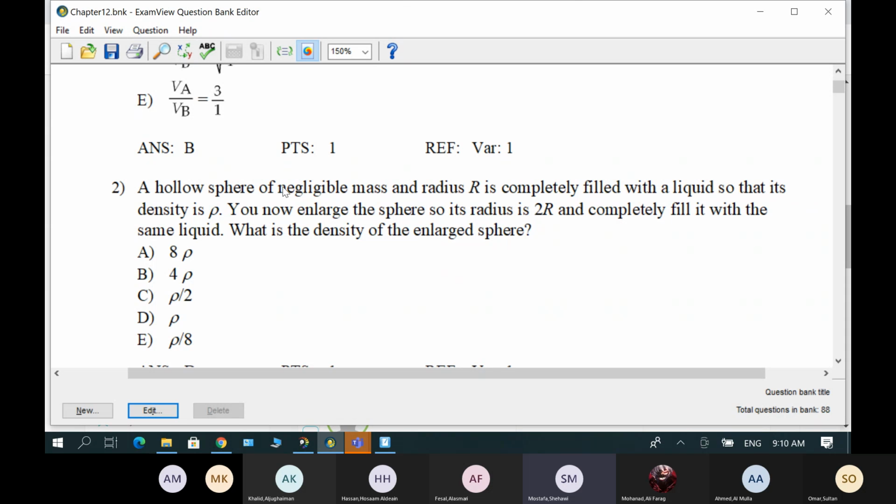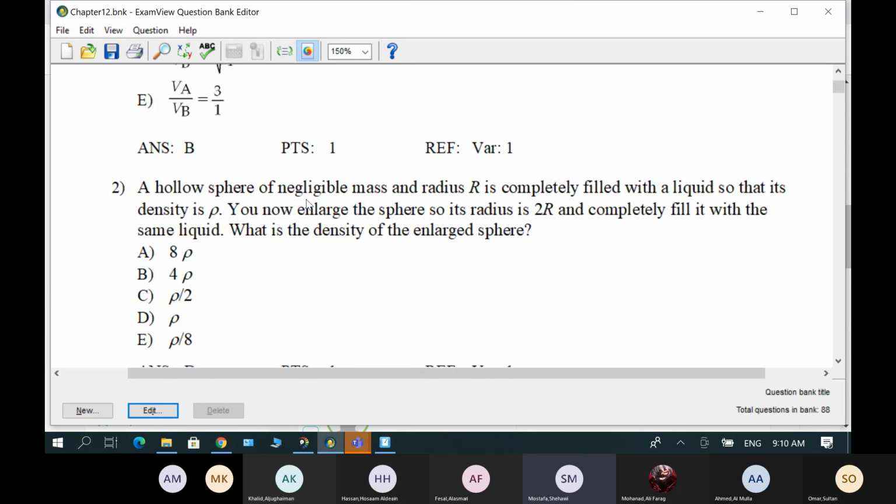The sphere has no mass, okay? And radius r is completely filled with liquid so that its density is rho. You now enlarge the sphere. You only changed the volume of the liquid. Enlarge the sphere so its radius became 2r and completely filled it with the same liquid. What is the density of the enlarged sphere?